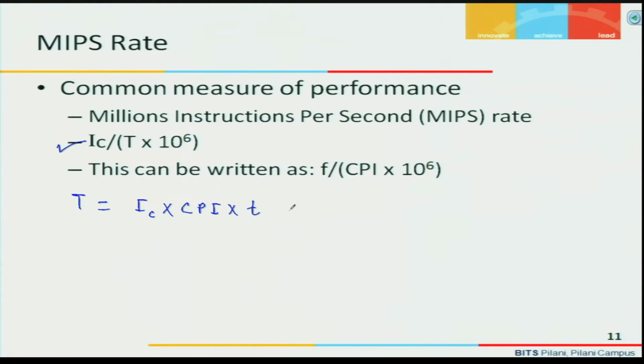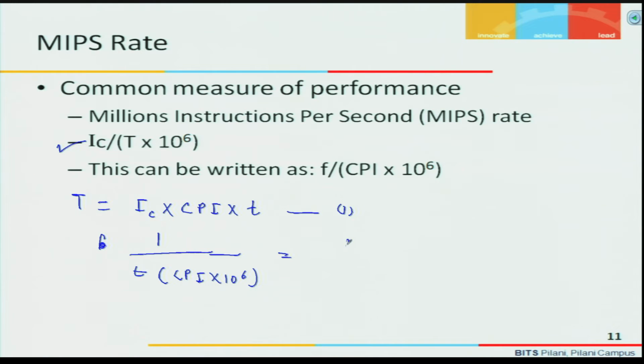If I use this equation, the MIPS rate, which is IC by T, can be written as 1 upon T into CPI into 10 raised to power 6, or 1 upon T.